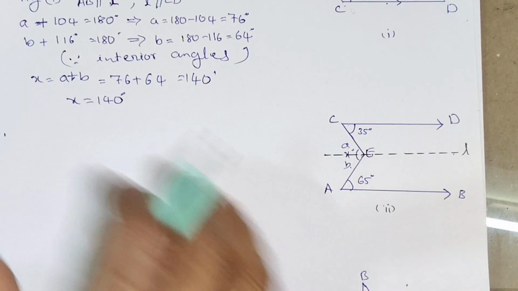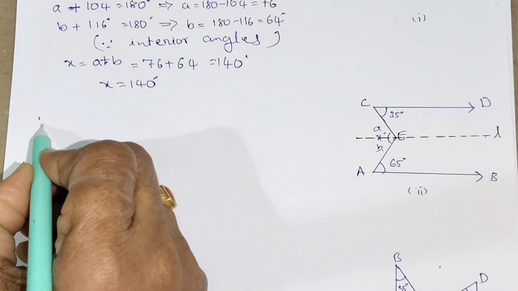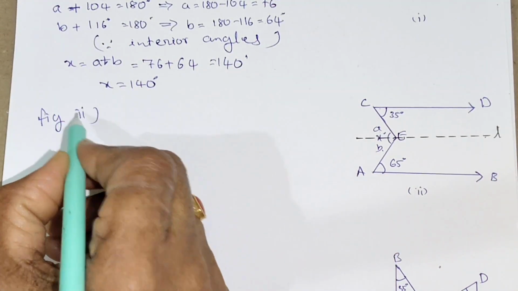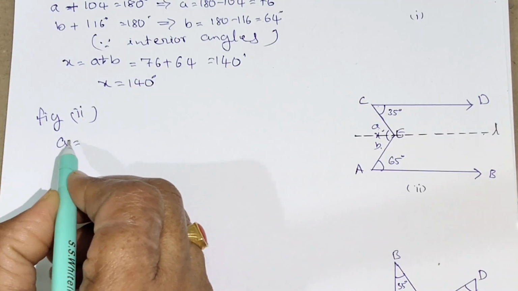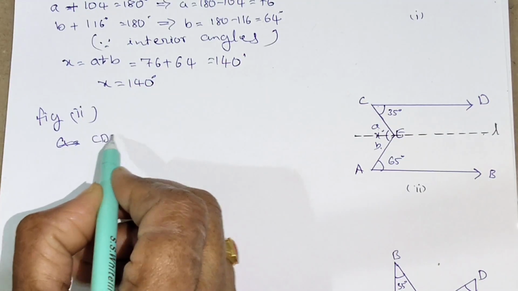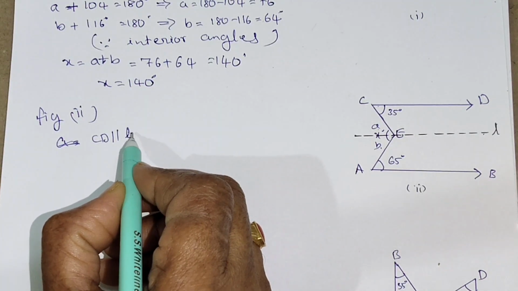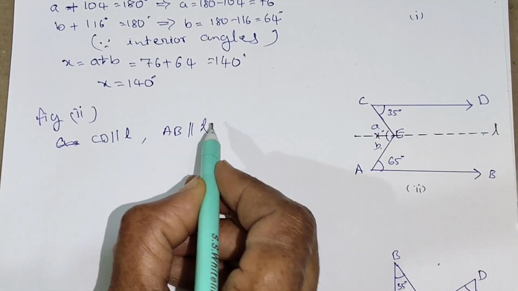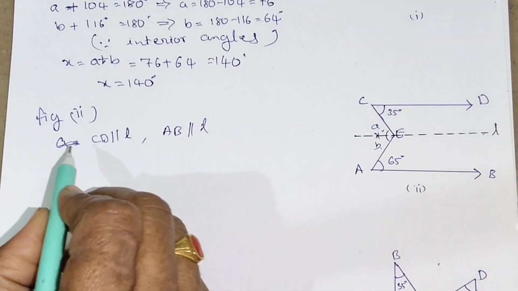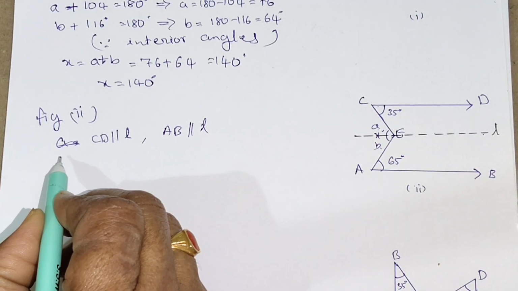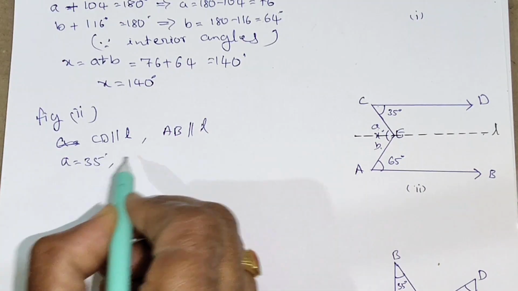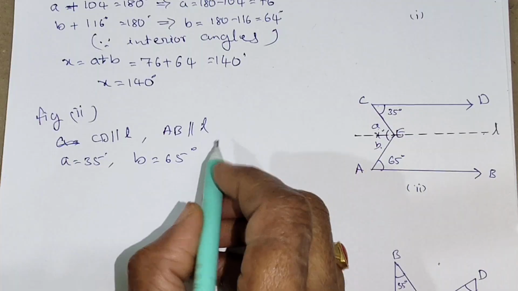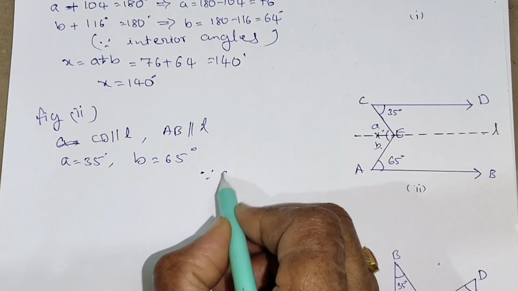Same. So here in figure 2, we write CD is parallel to line L. Next, AB is parallel to L. A equal to 35 degrees, B equal to 65 degrees, alternate interior angles.